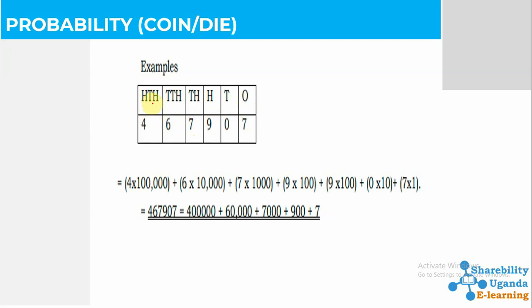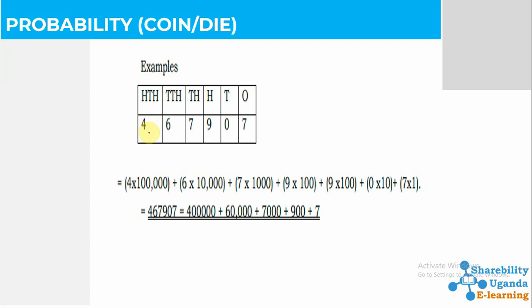To expand this number, we get our digit, which is a 4, and multiply it by its place value. Then after multiplying, we can answer it as a whole summary.